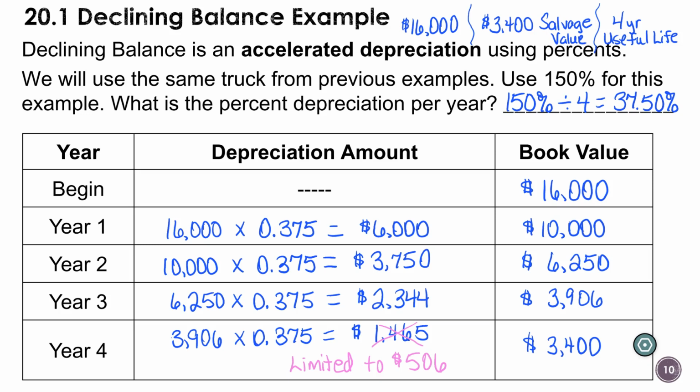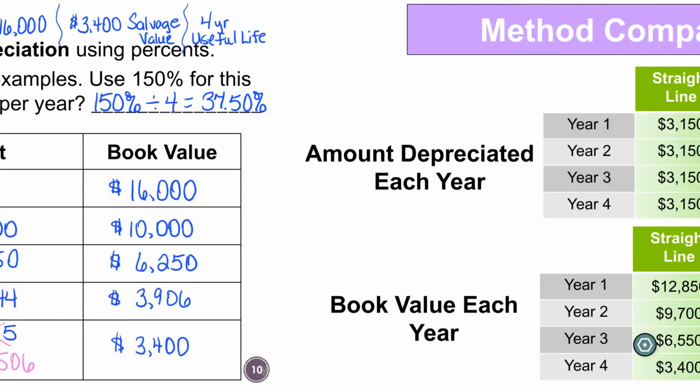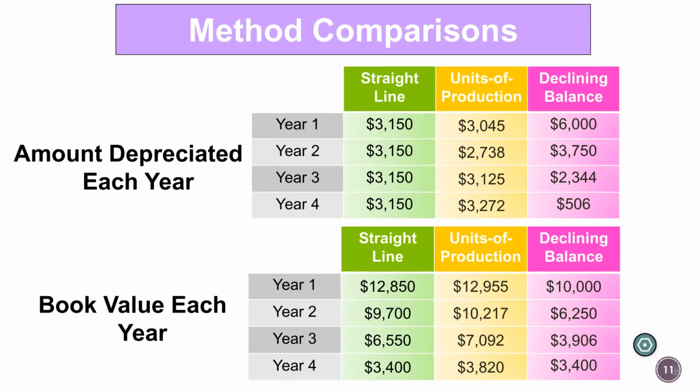Okay, so that's the end of that method, declining balance, and then we're going to look at some totals here. So this is just a chart that's showing all this information from the different methods that we used, and you can see that they vary a lot. On year one, notice that the amount that we depreciated was different in each example, and it changed according to the method we were using.